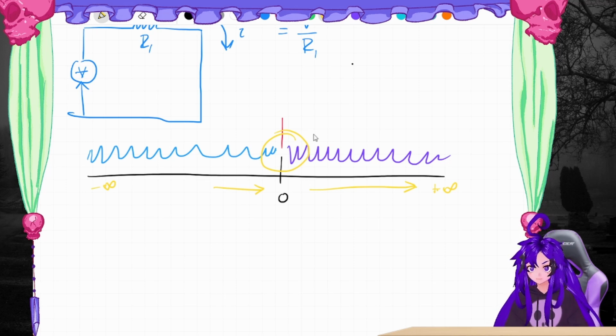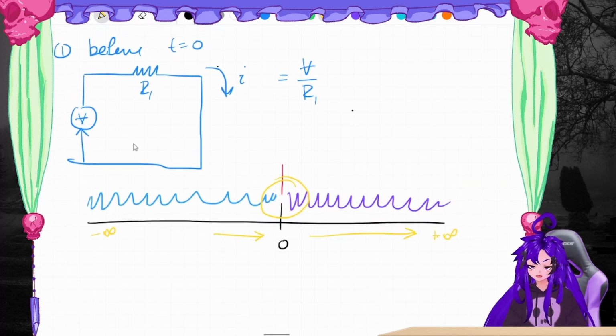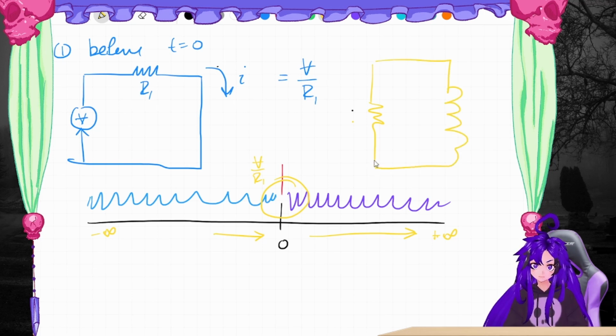But since we know that this current coming out of this simplified half of the circuit is just V over R1, well, nothing else is going to change that, because when this half of the circuit becomes just this half of the circuit, it's still here.